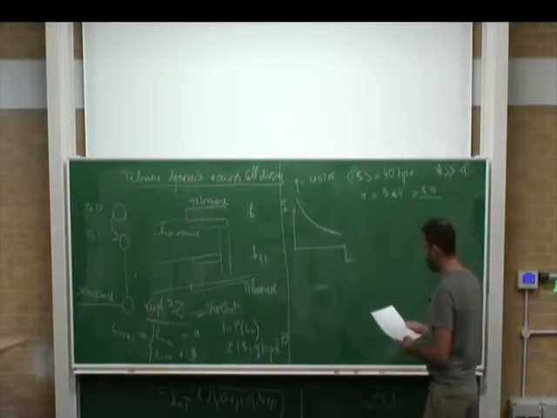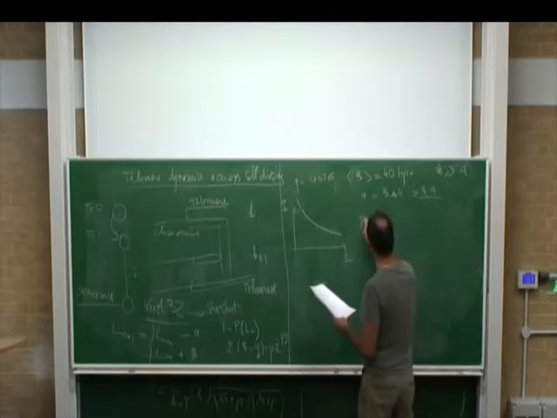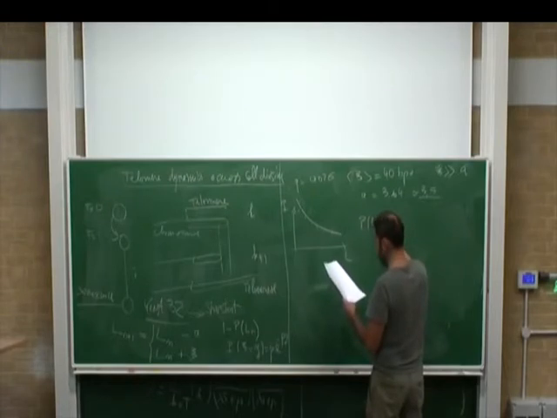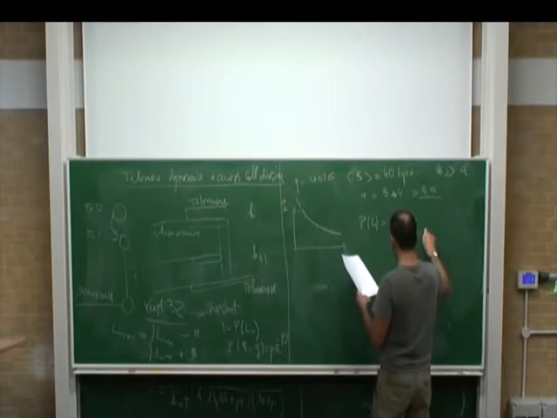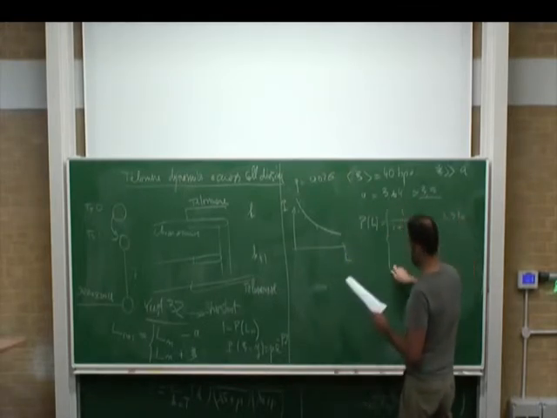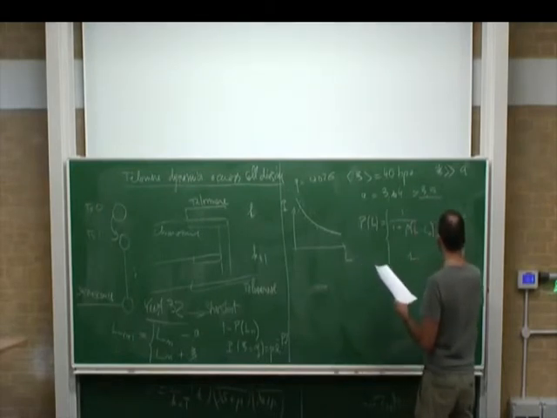All right, so for p(L), we took data and fitted a curve: 1 over 1 plus beta (L minus L0) for L bigger than L0, an elementary function, and 1 otherwise.